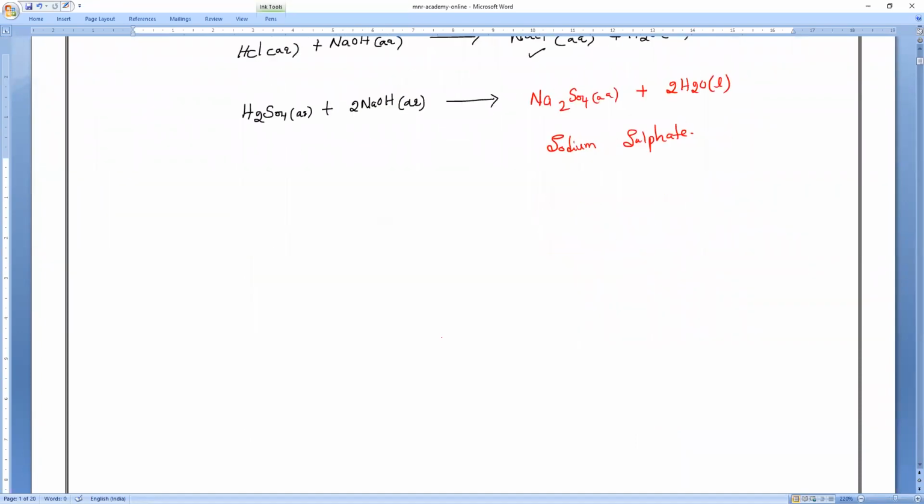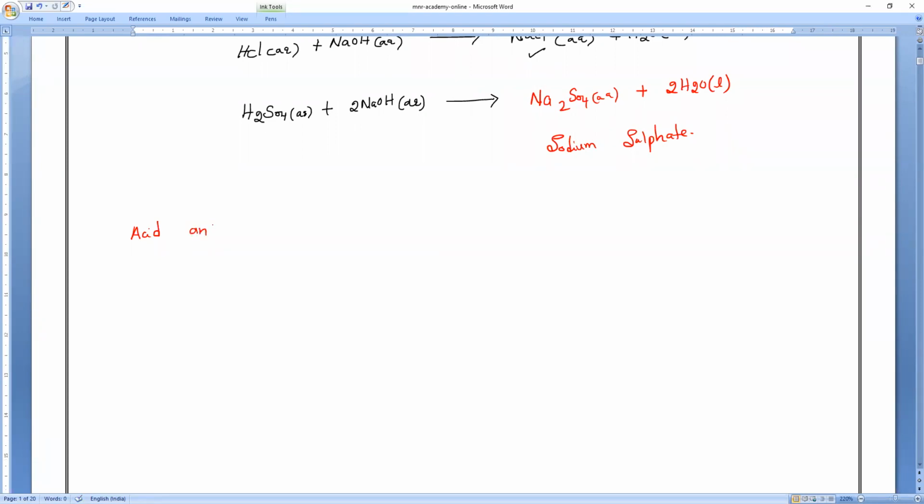Now, one interesting thing I'll tell you about these acids. All of you remember how this acid will form. Let me take, you might know, have you heard about acid rains? Has anybody heard about acid rains? All of you? Yes, sir. So let us see how these acid rains form. That is what we call acid anhydride.